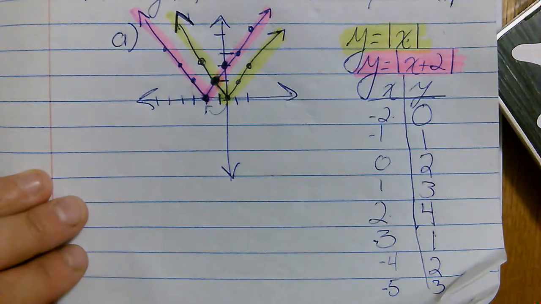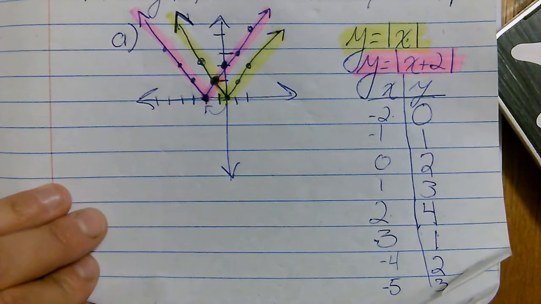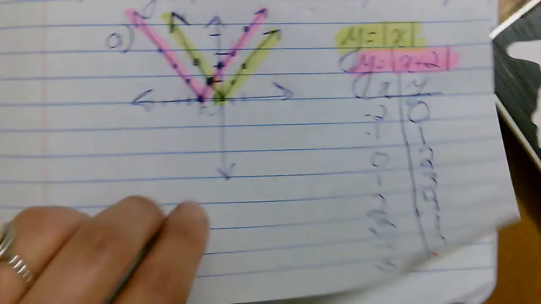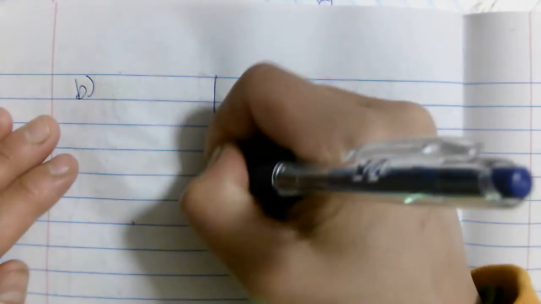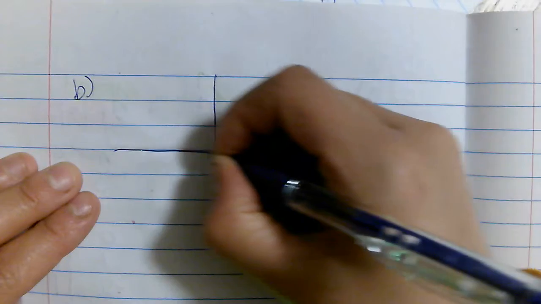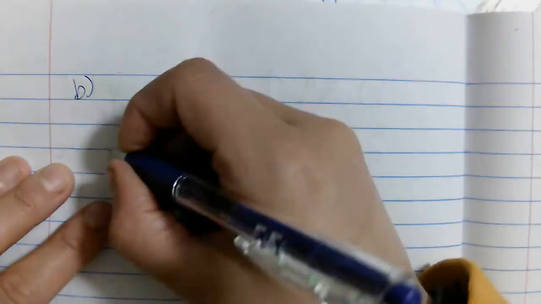Alright, so now we're going to take a look and see what happens if your h value is negative. So we're going to put a B, and we're going to draw our coordinate plane again.